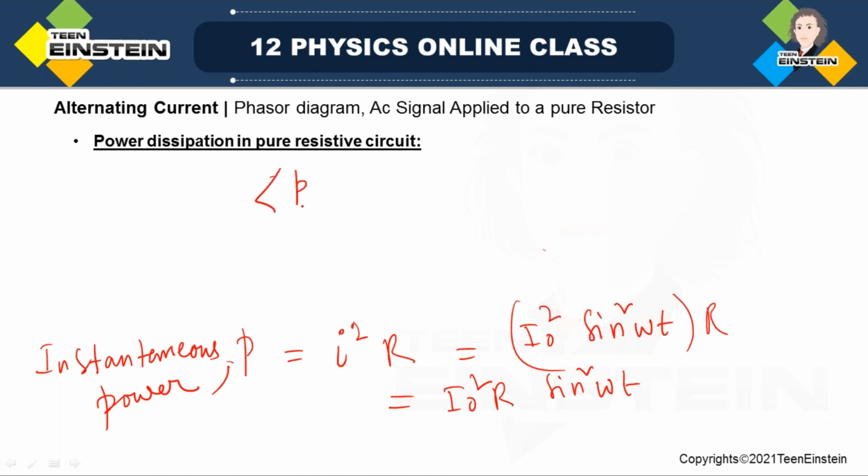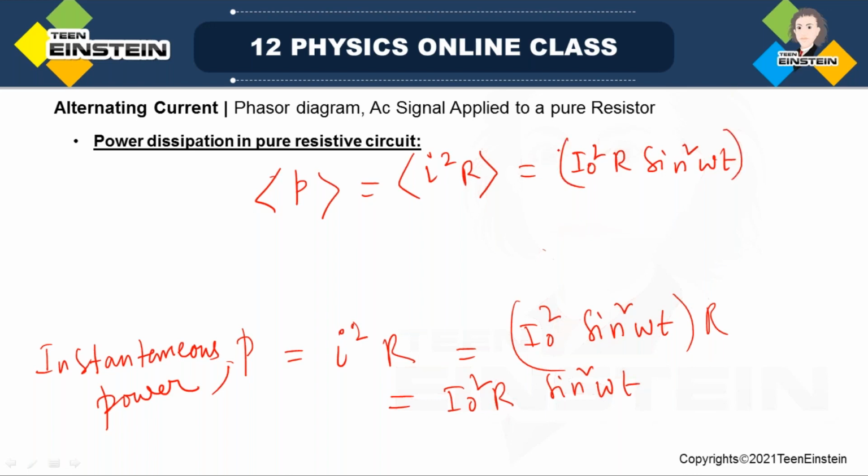So if I take the average of instantaneous power, look what I have to take: the average of I square R. That means I0 square R sine square omega t whole square.